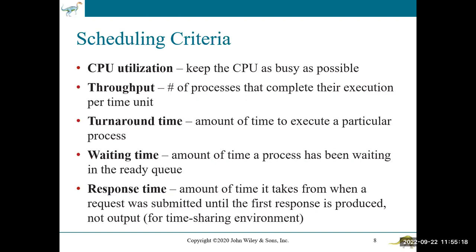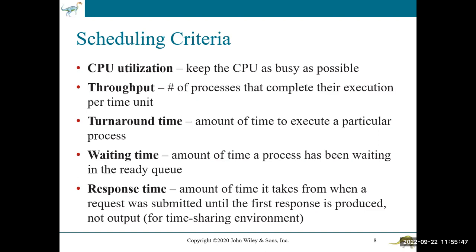So the quality of CPU scheduling, one of the metrics is CPU utilization and throughput and turnaround time, waiting time, and response time. The quality of CPU scheduling is readily assessed by what values you see on these five criteria.